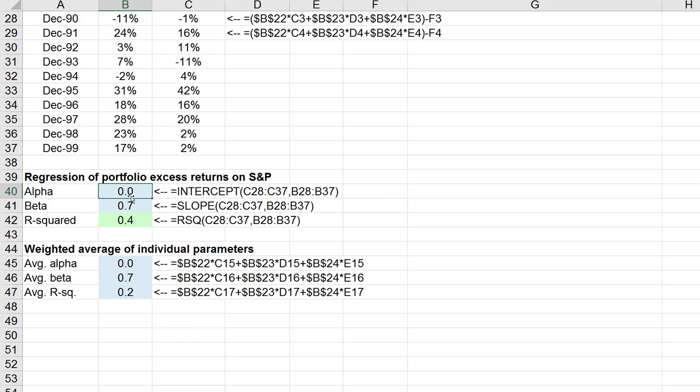We've got around 0 alpha, and the beta is the same, both 0.7. But the average R squared is 0.2, while the portfolio's is not. And this is the difference between making a portfolio out of 3 stocks instead of investing in each of them individually.